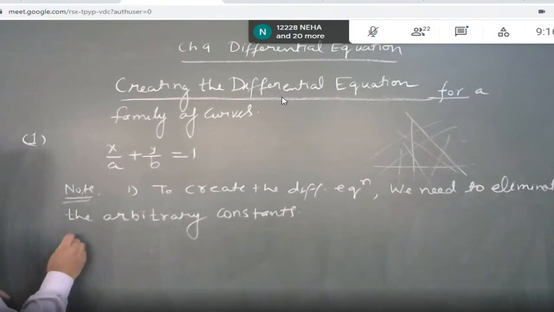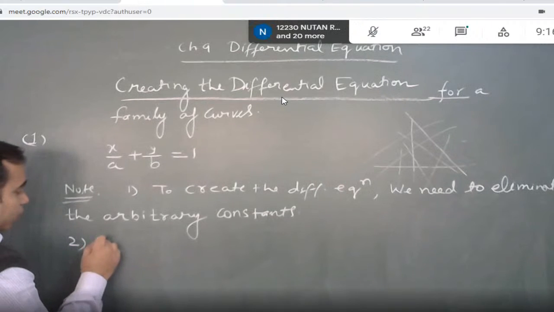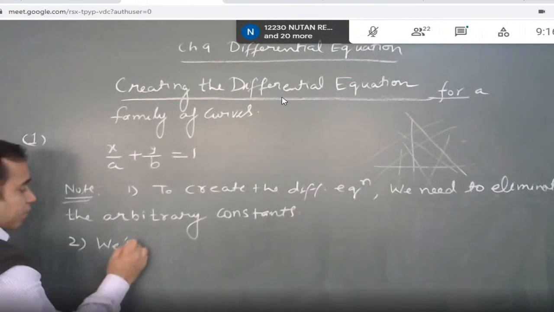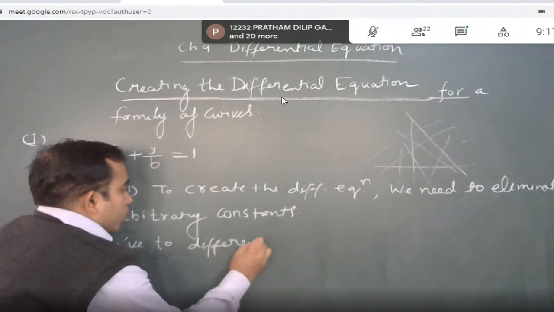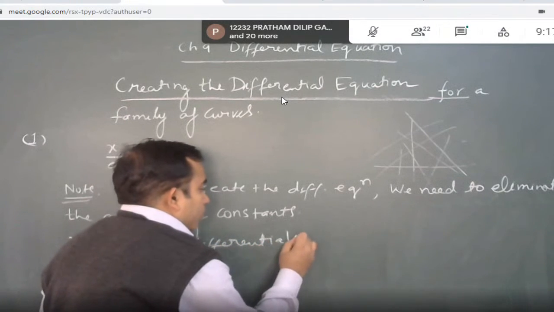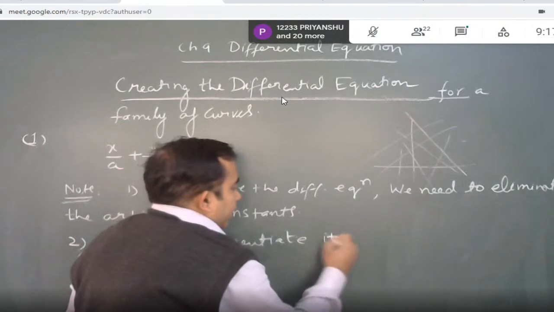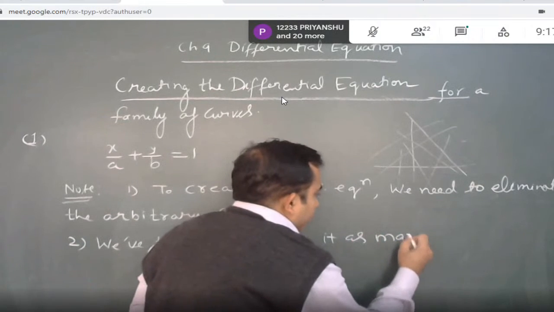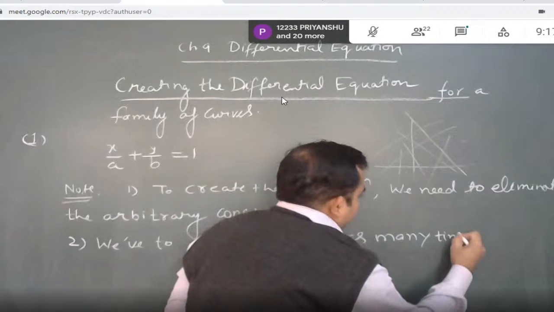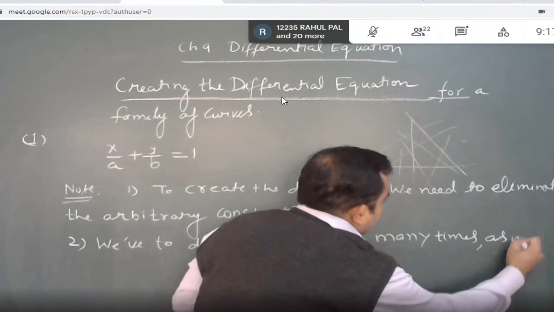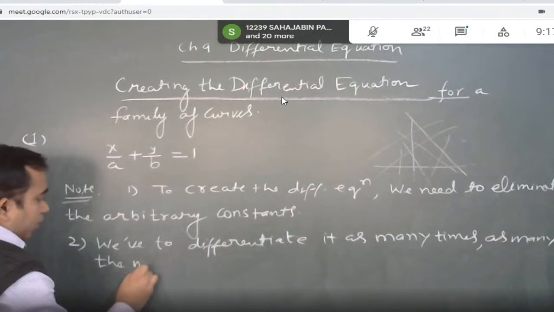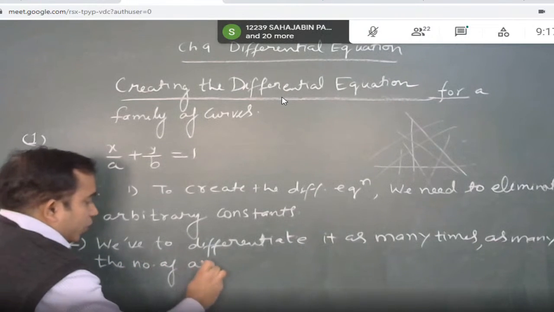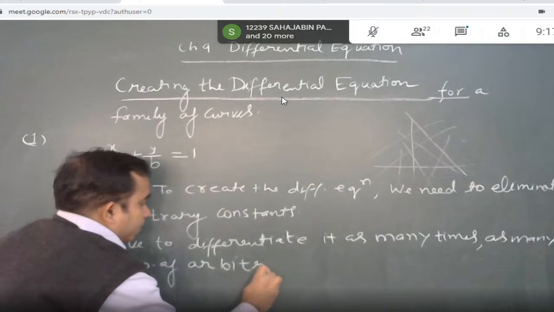Point 2, we have to differentiate it as many times as the number of arbitrary constants present.